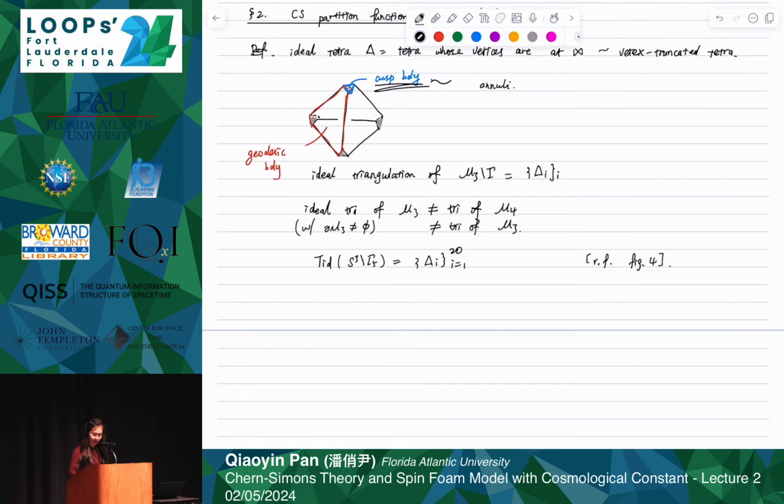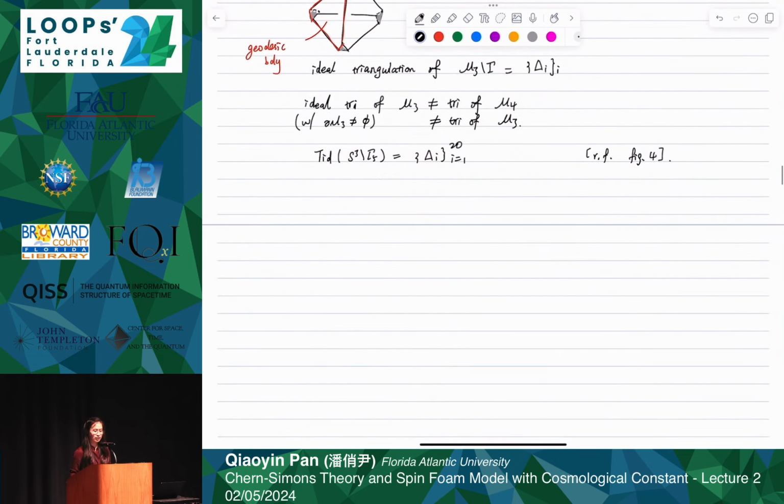And recall, what was our goal for this task 1? Our goal is to construct the Chern-Simons partition function on the gamma-5 graph complement of the 3-sphere. And why do we do this ideal triangulation? It's because the partition function on the ideal tetrahedron is known.